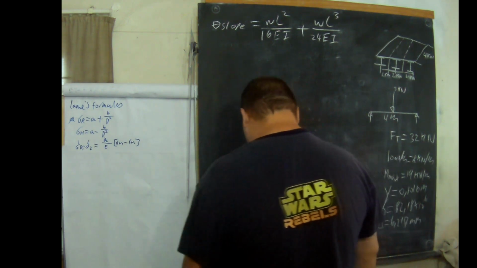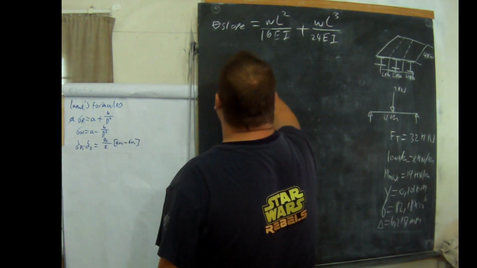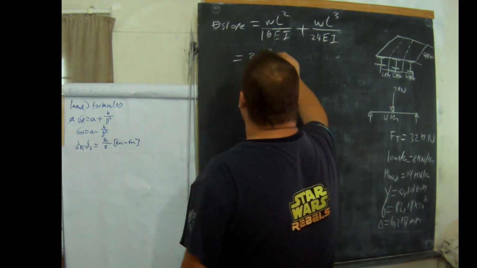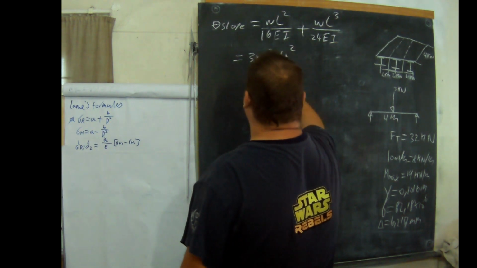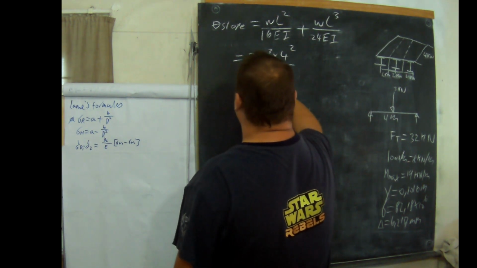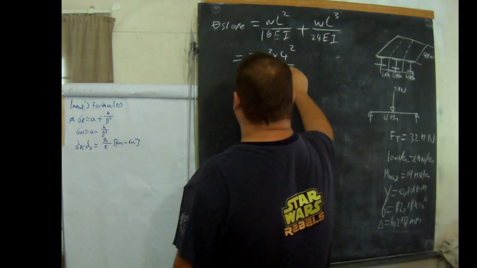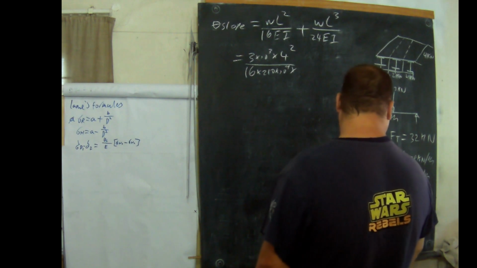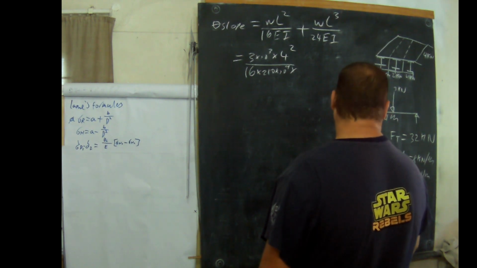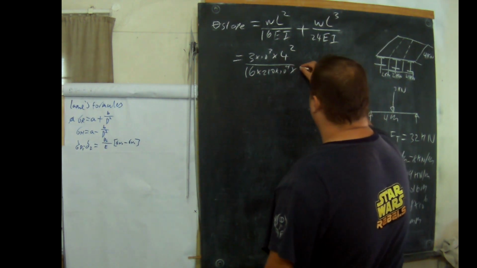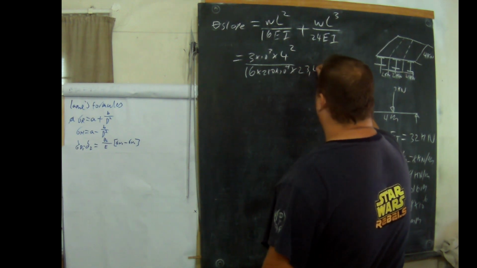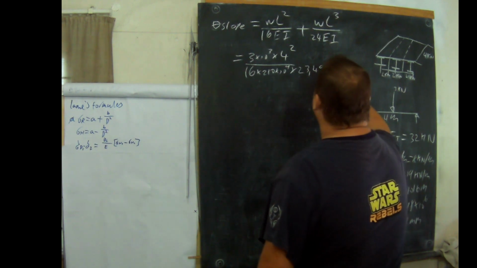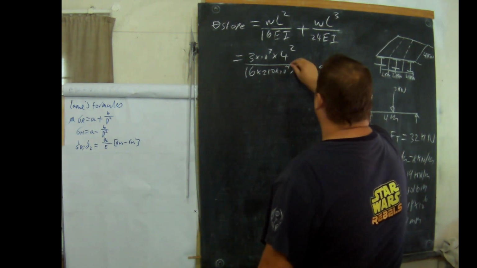Alright, so our point load is 3 times 10 to the 3 times L, which is 4 squared over 16 times 210 times 10 to the 9 times 23,49 times 10 to the minus 6.